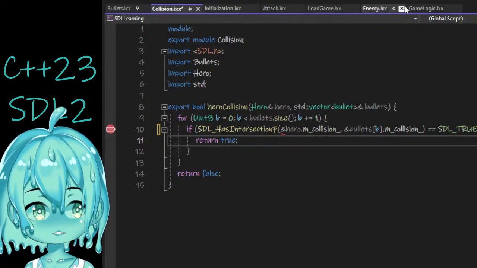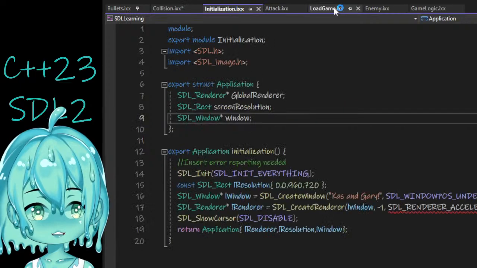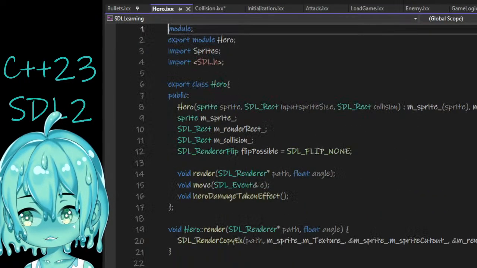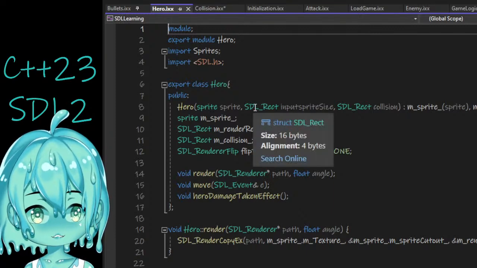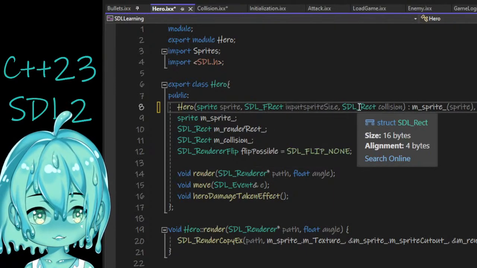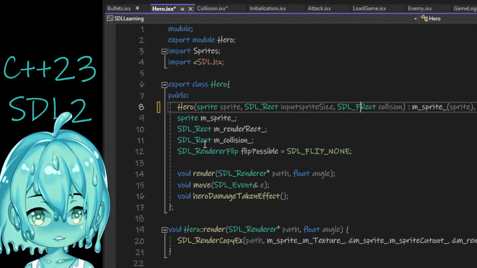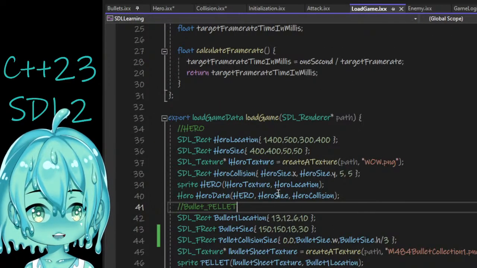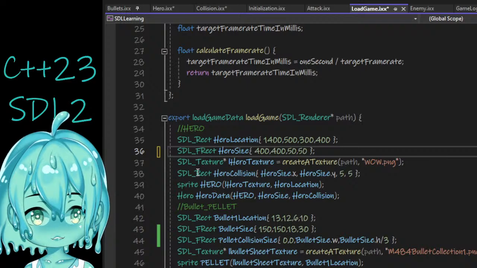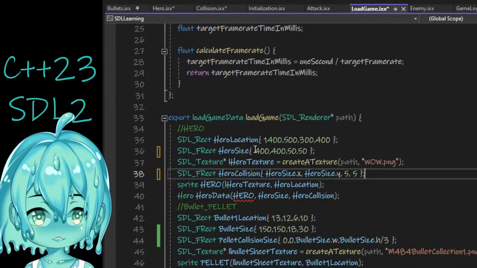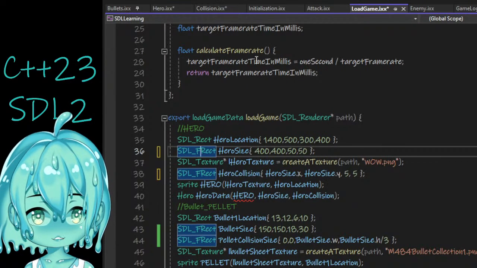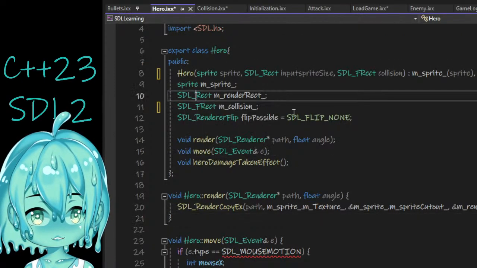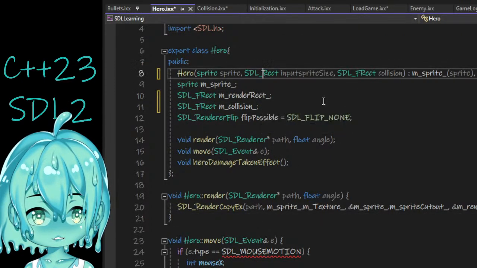Okay, so now we need the hero to be updated, which is fine. I wonder if there's any reason not to use F rects for everything. Is it just, you know, size issues? F rect. Load game now needs an F rect. Hero size is going to need that, right? Yeah, we will.